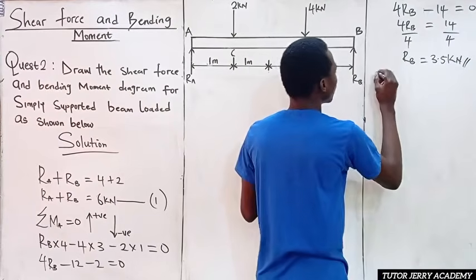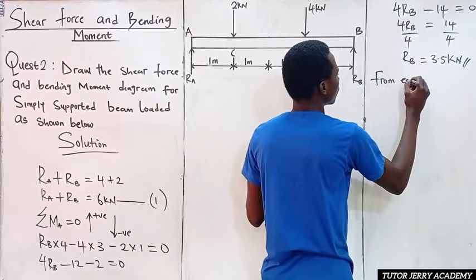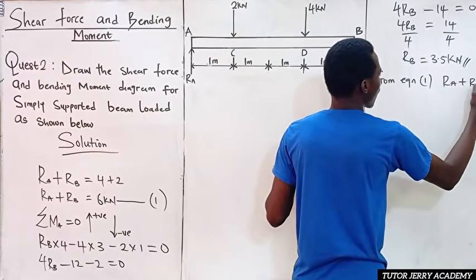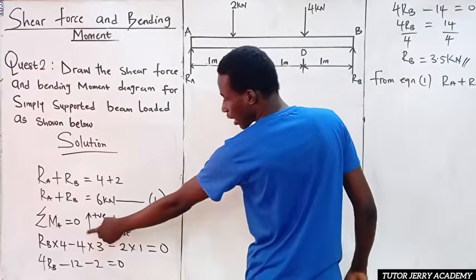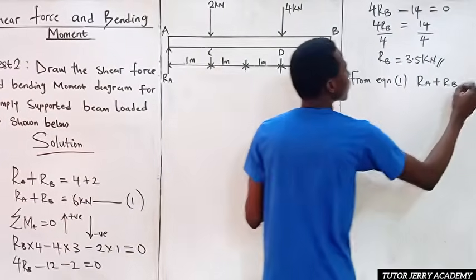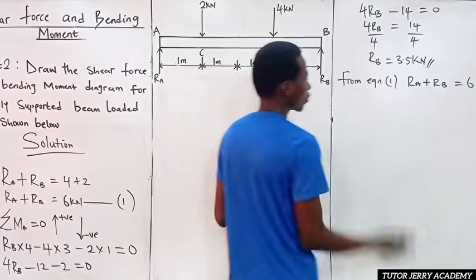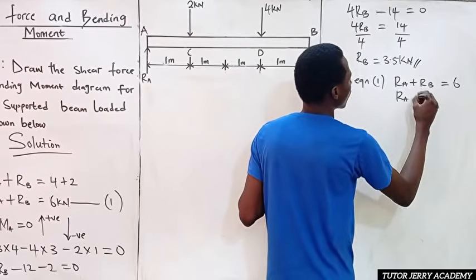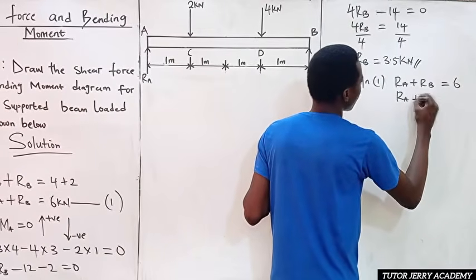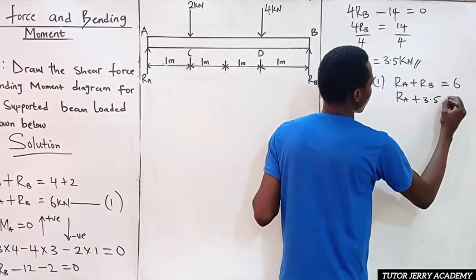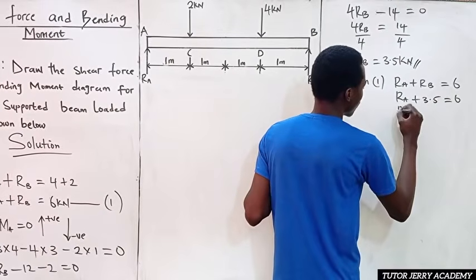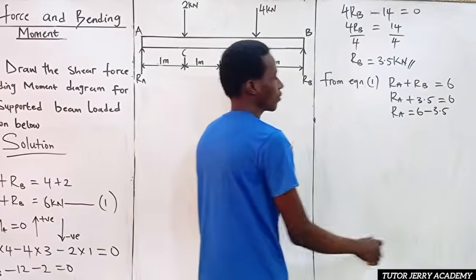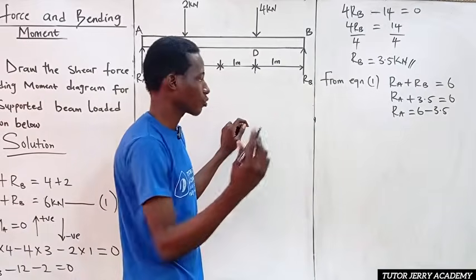So now from equation 1, we know that RA plus RB is equal to 6. If we substitute the value of RB, we have RA plus 3.5 equal to 6. So RA is equal to 6 minus 3.5, which gives us 2.5.